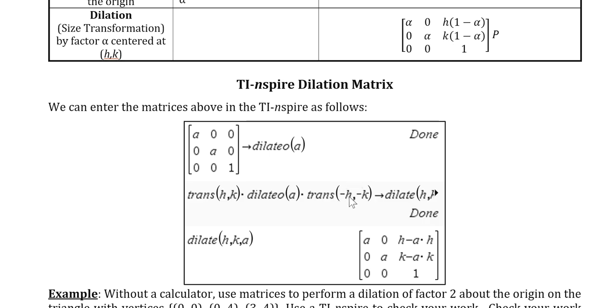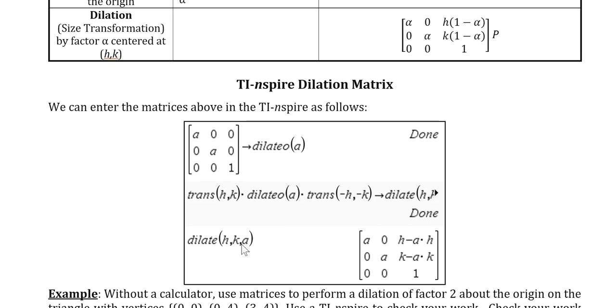And to get this more general one up here, here's what we're going to do. We're first going to translate by the vector minus h, k, which is going to basically move the entire plane down to where that center point is no longer at h, k but at the origin. Then dilate about the origin by alpha, and then translate back by h, k. If you think about the geometry of what's going on there, that should make sense that that gives you a dilation about h, k by factor A. And if you multiply those matrices out together and then store that as just dilate h, k, A, it runs off the screen here, but it looks like this at the end.